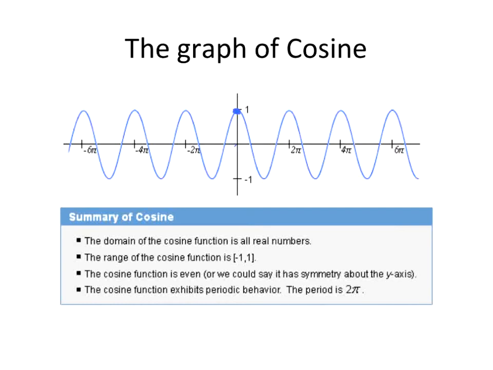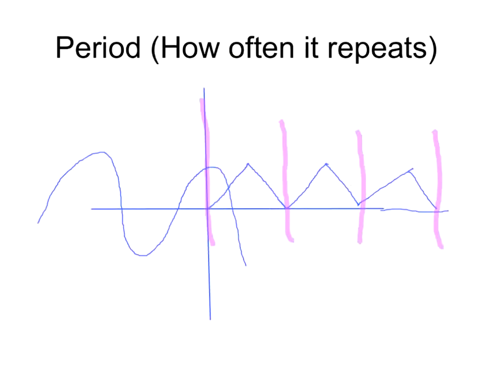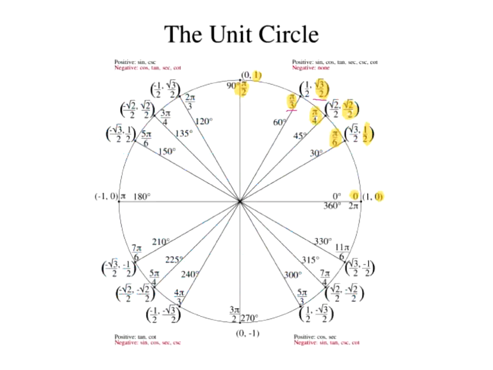Let's go back and look at the unit circle real fast and just make sure we're all on the same page before we go over these summaries at the bottom. Let me erase my unit circle. Okay, so if I'm talking about cosine, I'm talking about my x value.